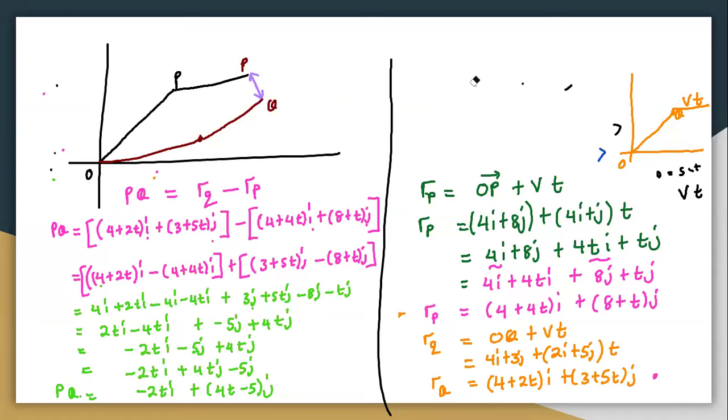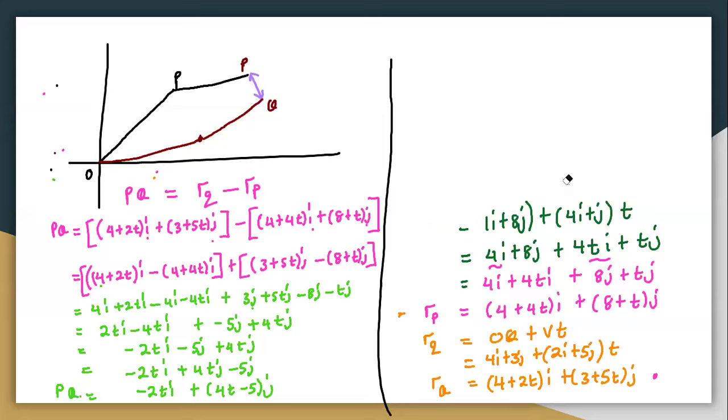Oh, I think I'm not getting you. Where that RP equals OP plus vt. I'm saying the root for RP and the vector diagram.